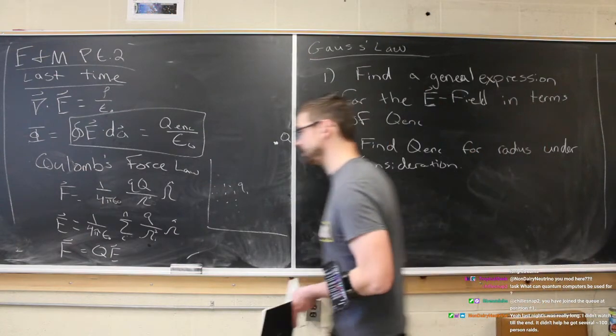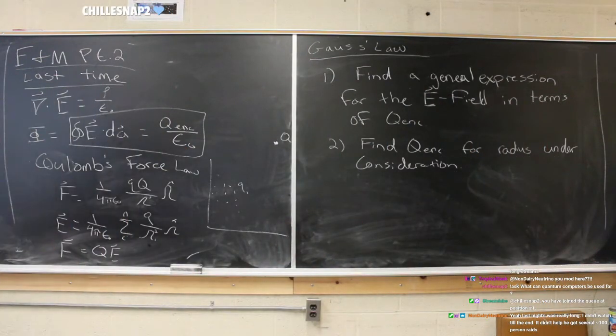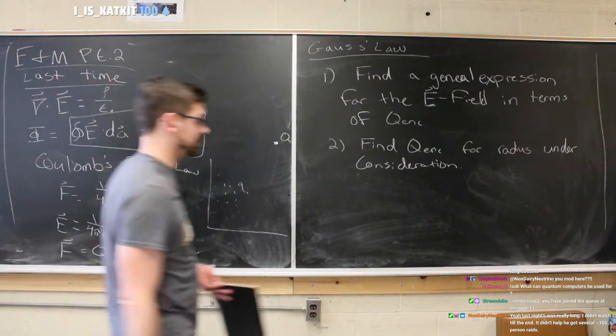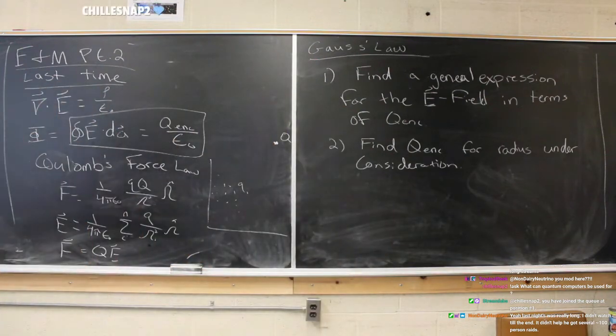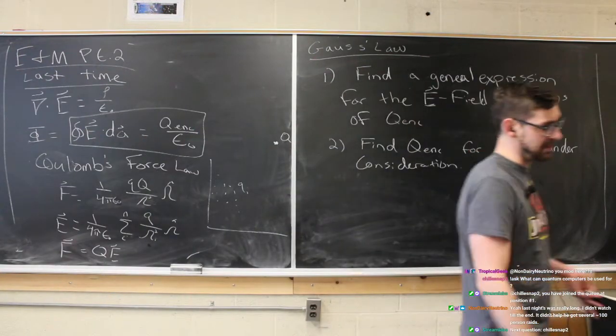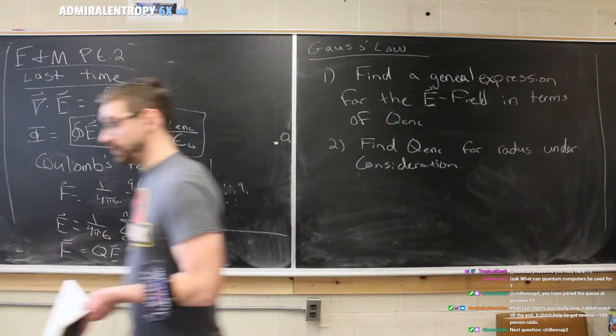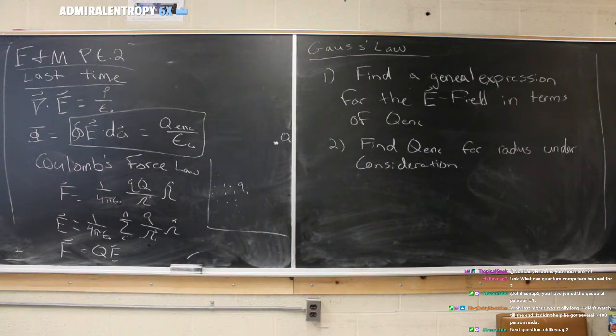We'll go case by case, where every time we get to a different radius, we'll change it up a little and find a new Q enclosed for that specific radius. Then we'll evaluate Gauss's law under that circumstance. Q enclosed is the thing that changes as we move away from the center of the object, whether it's spherical, cylindrical, or a pillbox.